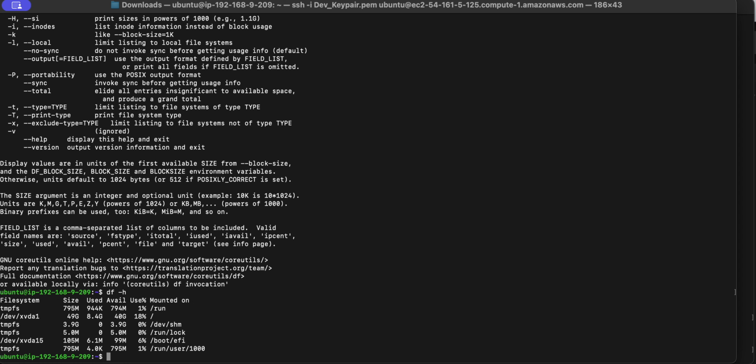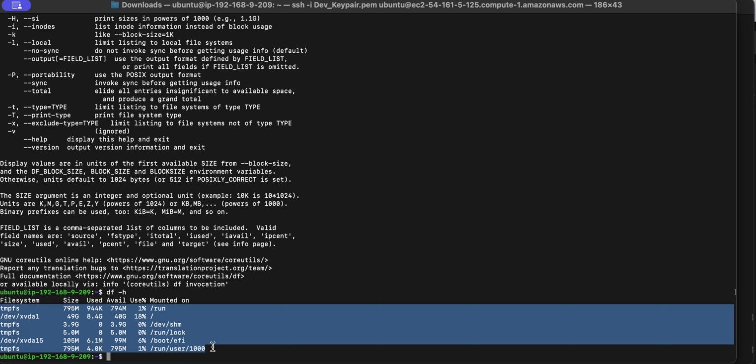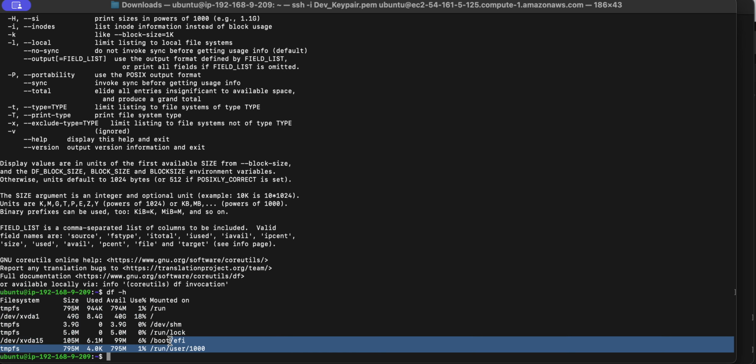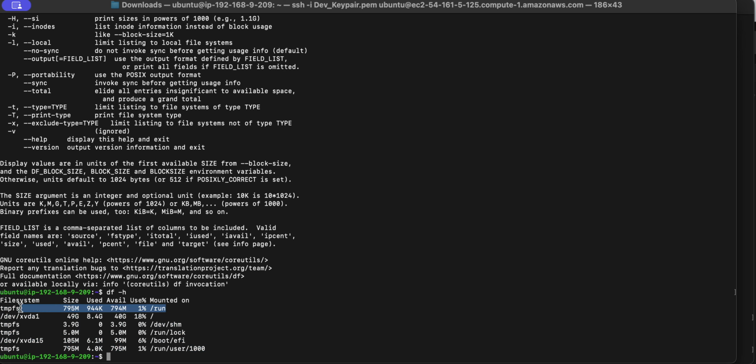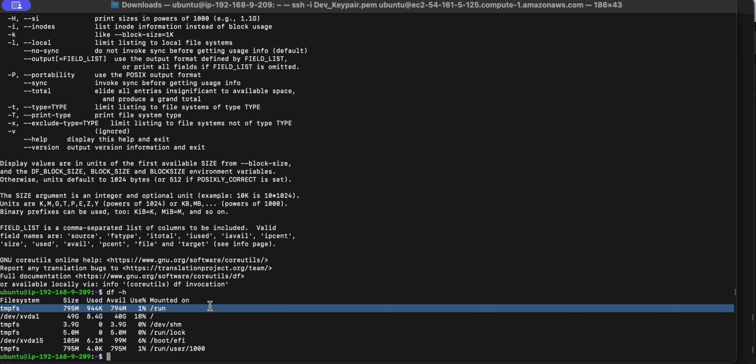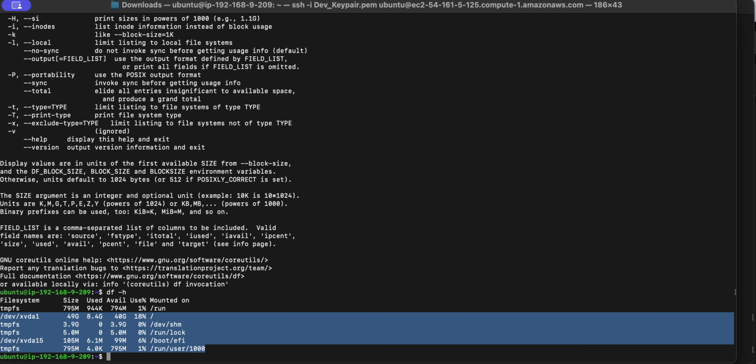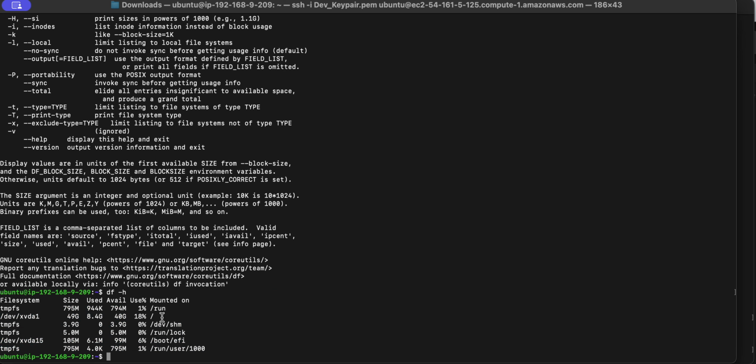So I am running df -h. If you see here, we have this many file systems. All the other file systems are being used by the machine, by the kernel or operating system. This is the only one which we are using. How can you identify it? By seeing the Mounted on column.